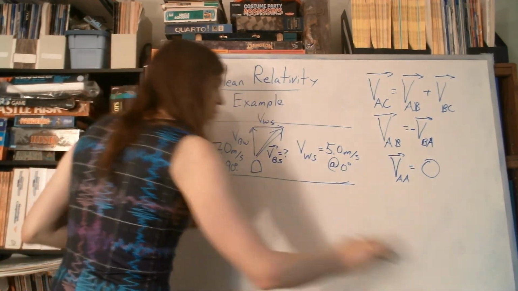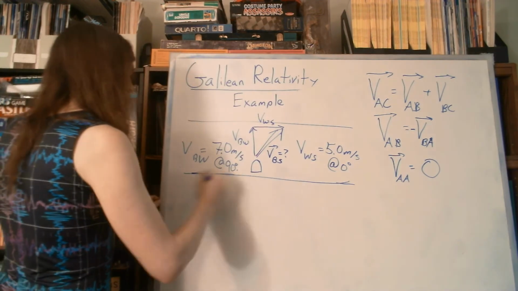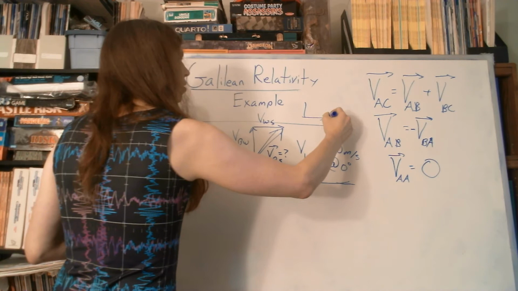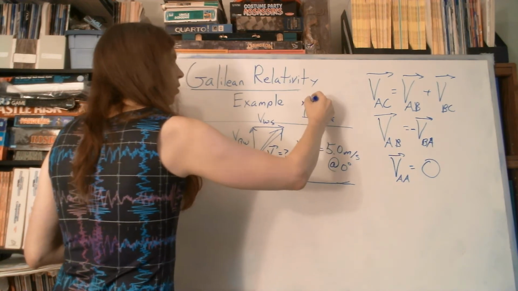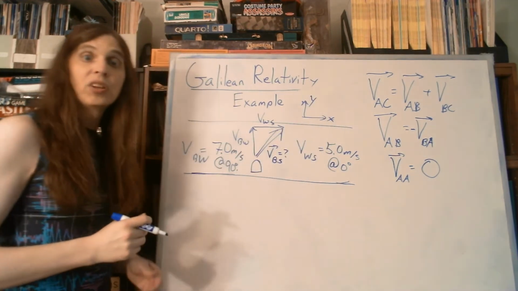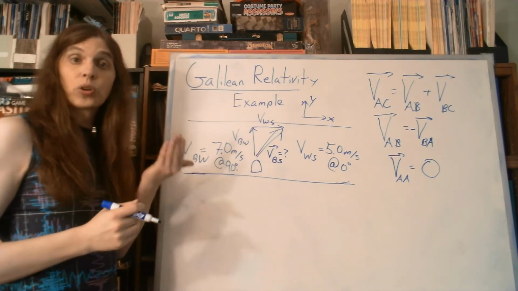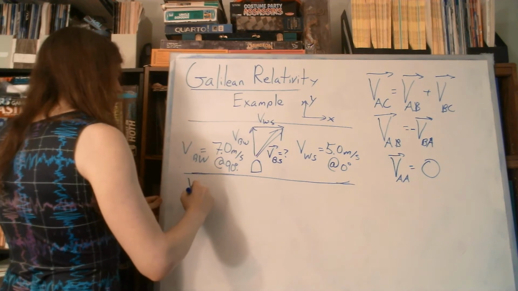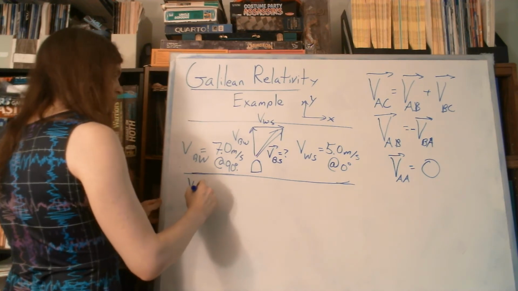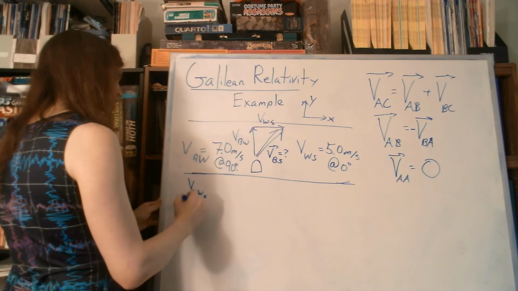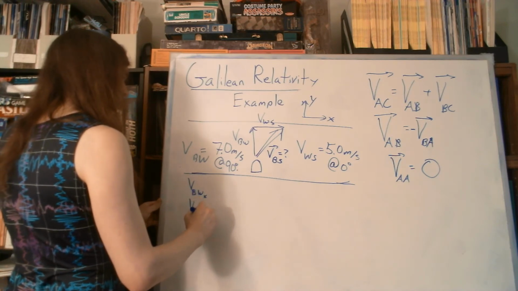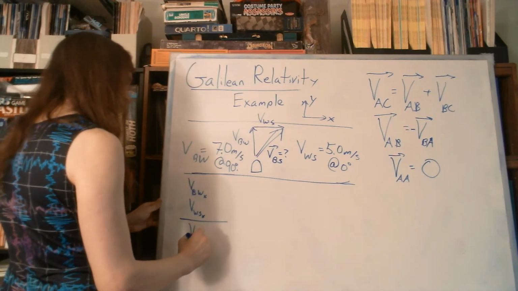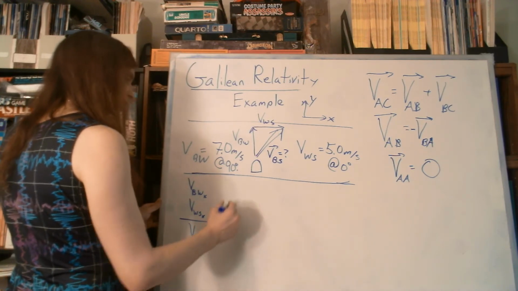I'm going to pick a coordinate system where the current is flowing in the x direction and directly across the shore is the y. And in that case, we want v boat water in the x direction plus v water shore in the x direction to yield v boat shore in the x direction.